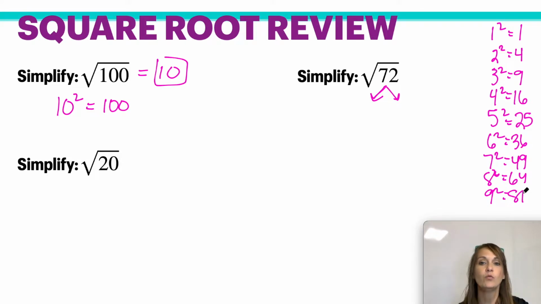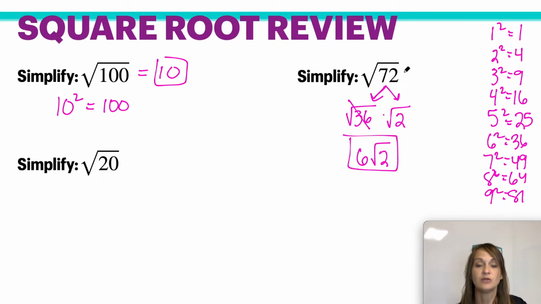If you think of what perfect square will give you 72, you would get 36 times 2. The square root of 36 is the number 6, and you're left with the square root of 2.